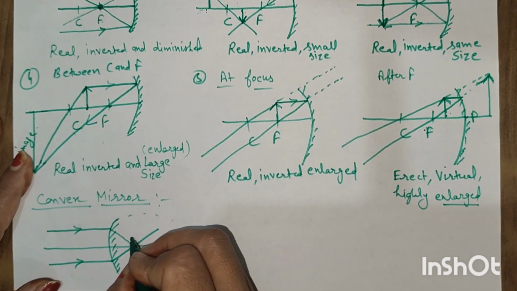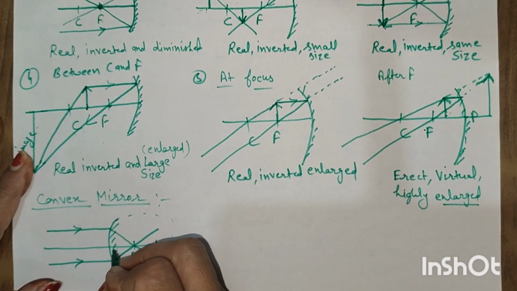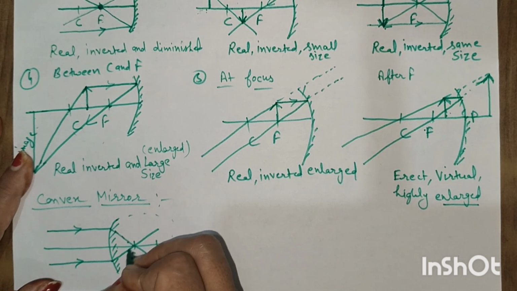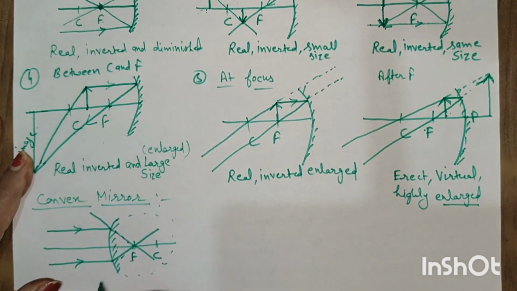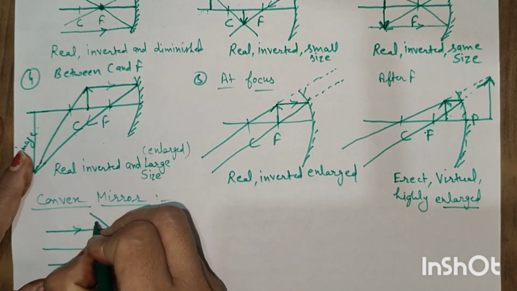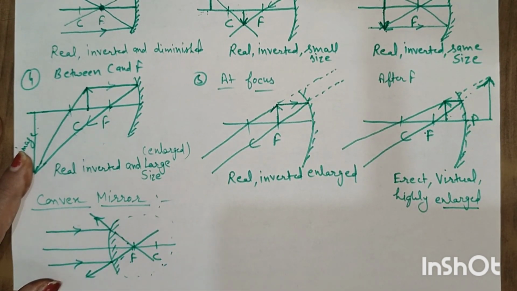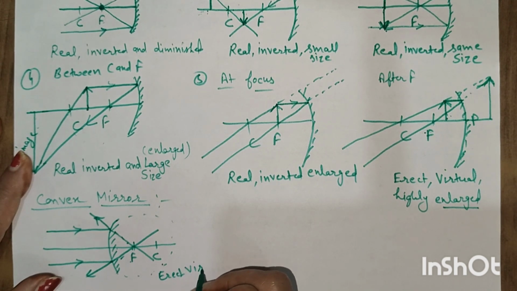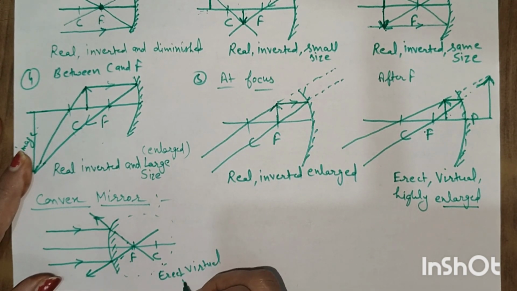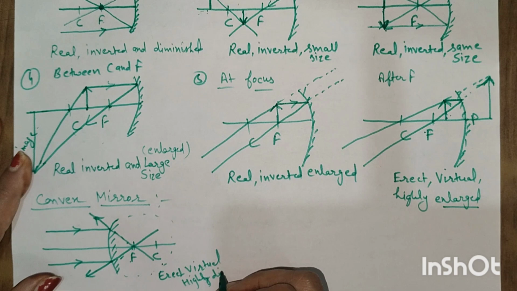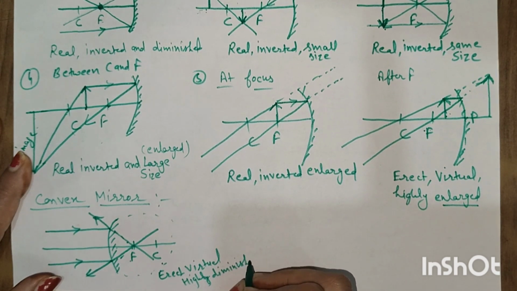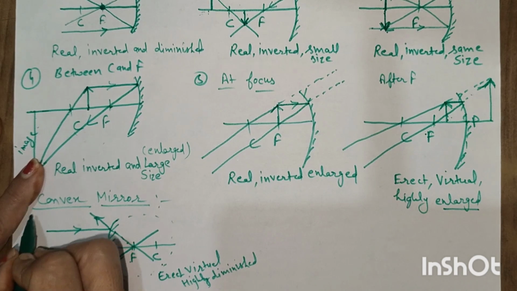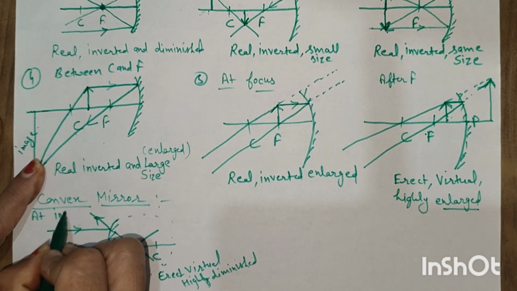It is behind the mirror, just appearing as a dotted line, and reflects back. Now here the image is erect, virtual, and highly diminished, when the object is at infinity.